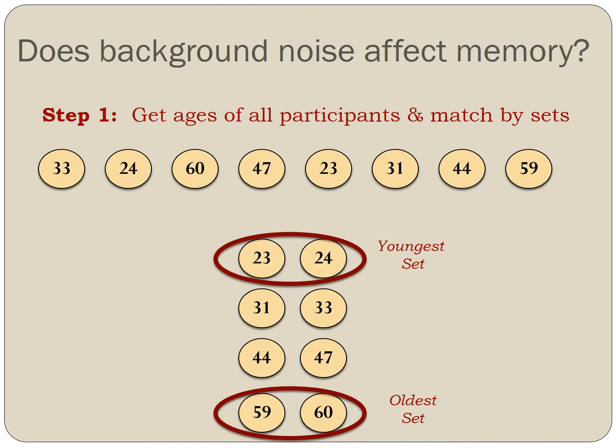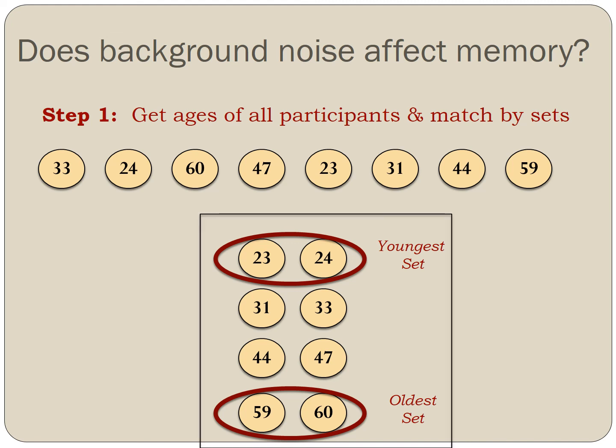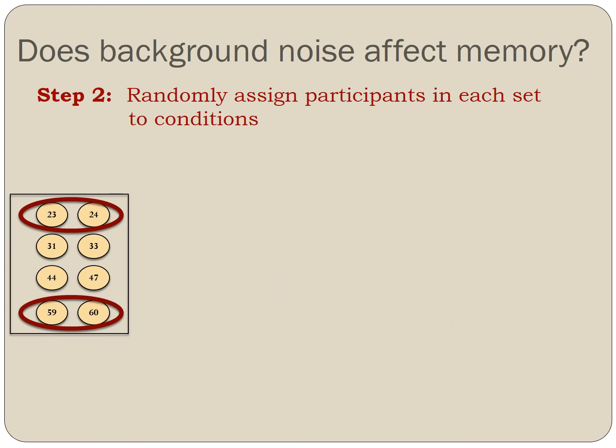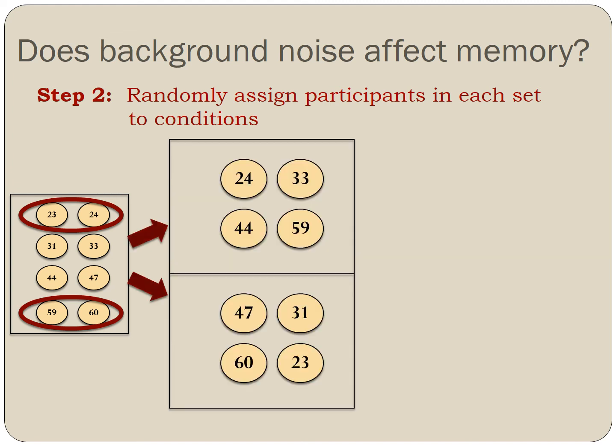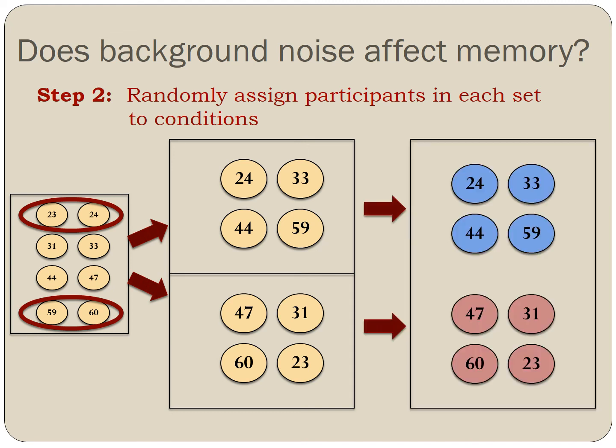I get their ages and I put them in sets of 2 participants. And then I randomly assign participants in each set to conditions. So first, just like I did in that other slide, I randomly assign one participant from each set to a group, and then I put those groups in conditions.